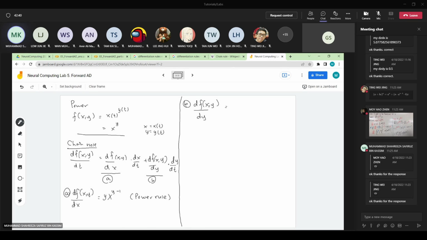This is a little bit trickier, because f is a function of x and y, but now instead of differentiating with respect to x, you need to differentiate with respect to y, where x is to the power of y. Now, what rules do we use here?